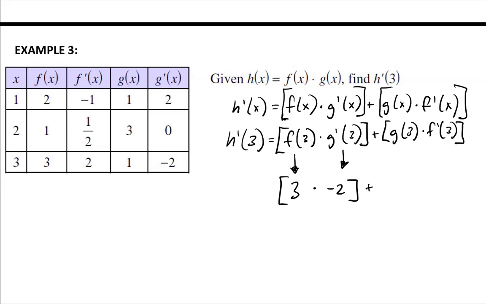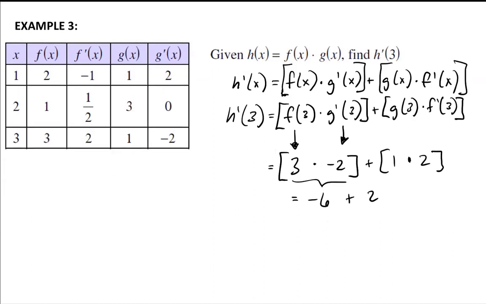G of 3 is 1, times f prime of 3, which is 2. You got -6 plus 2, which is -4. So h prime of 3 equals -4.